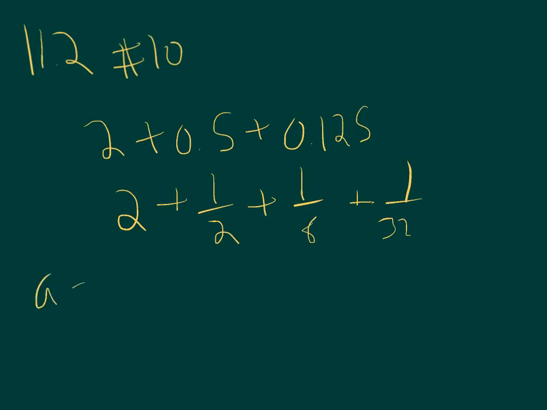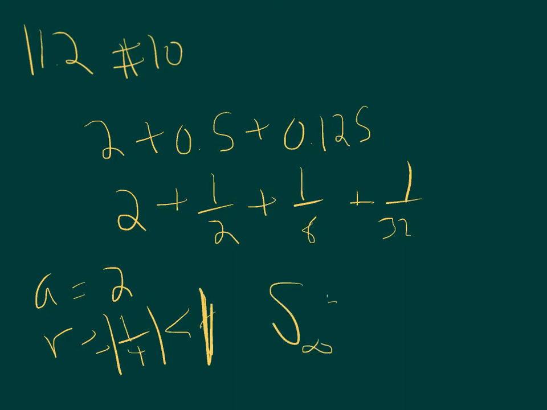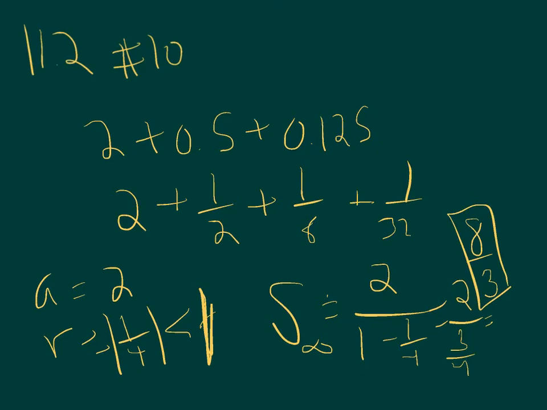So the first term is 2, the multiplier r is 1/4, and since the absolute value of 1/4 is less than 1, this is convergent, and the sum of this infinite series is the first term, 2, over 1 minus the multiplier, 1/4. So this is 2 over 3/4, which is equal to 8/3. So 8/3 is the sum of that convergent geometric series.